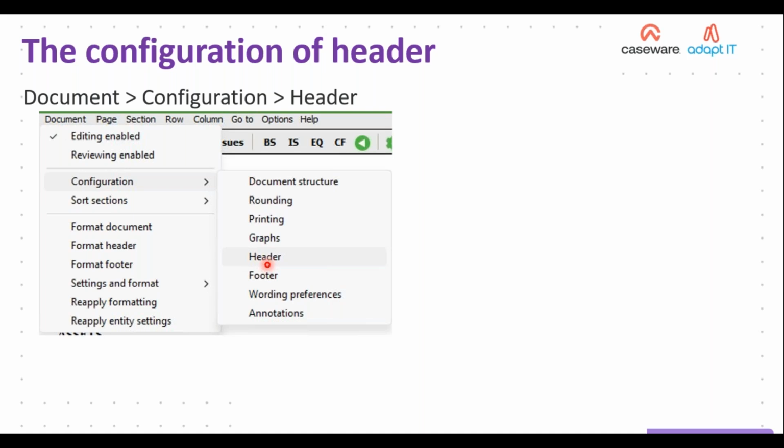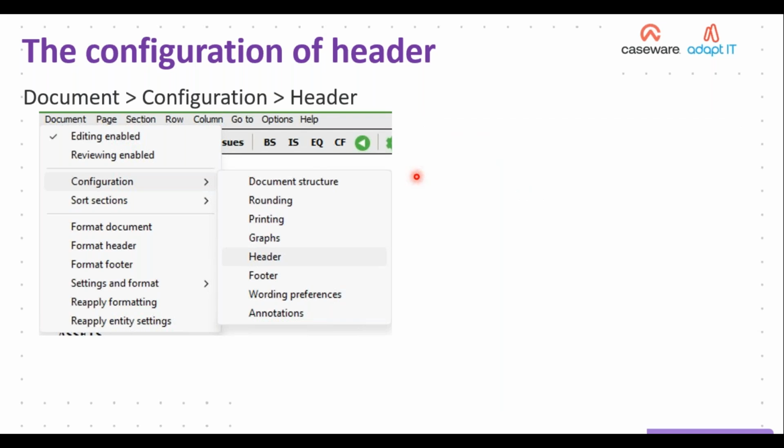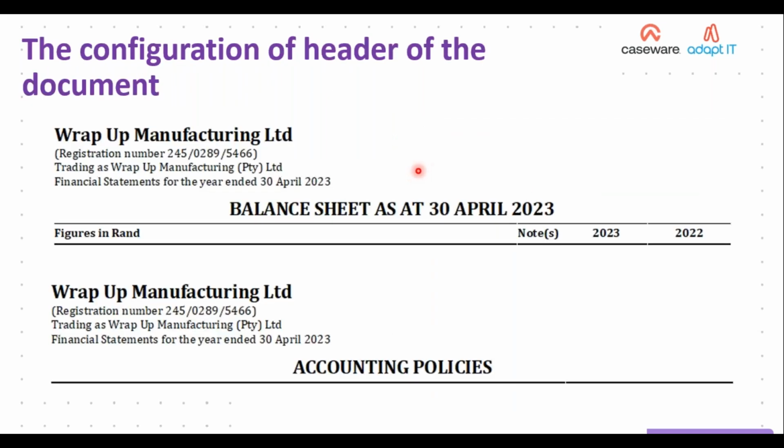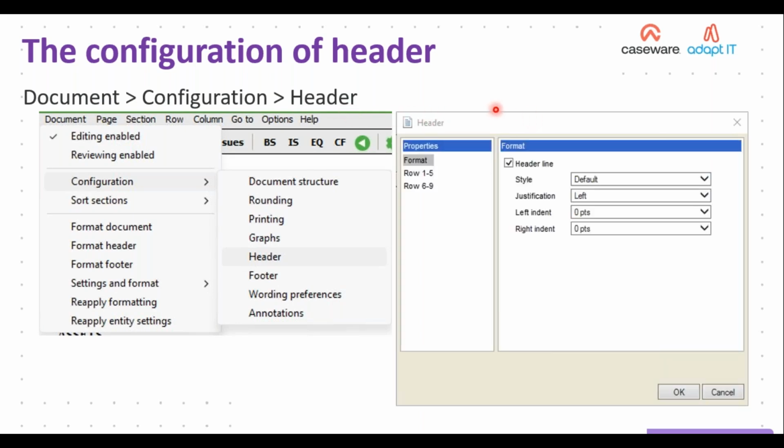The configuration of the header will then open the header dialog where you can access the properties of all the rows that I've just mentioned to you. All these rows, let me go back a little. All the properties of these can be accessed under document configuration header.